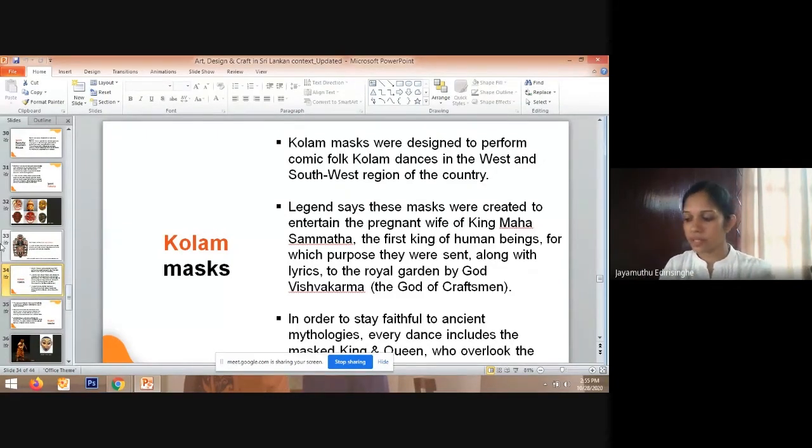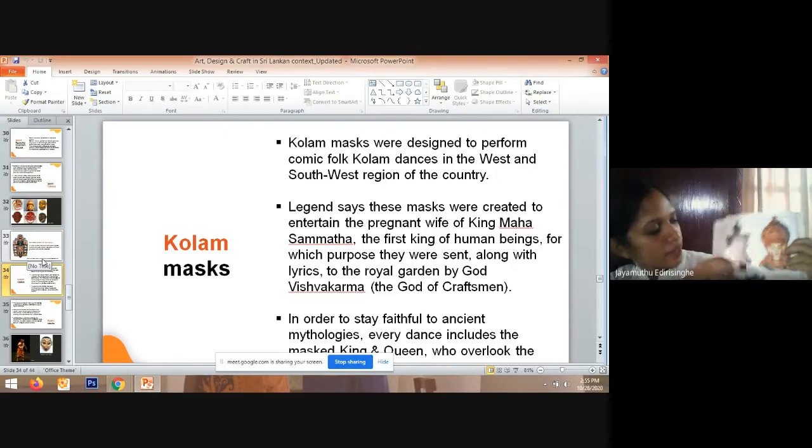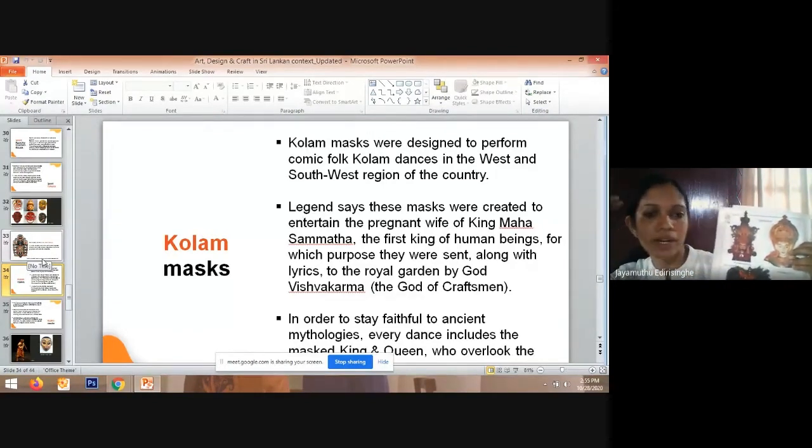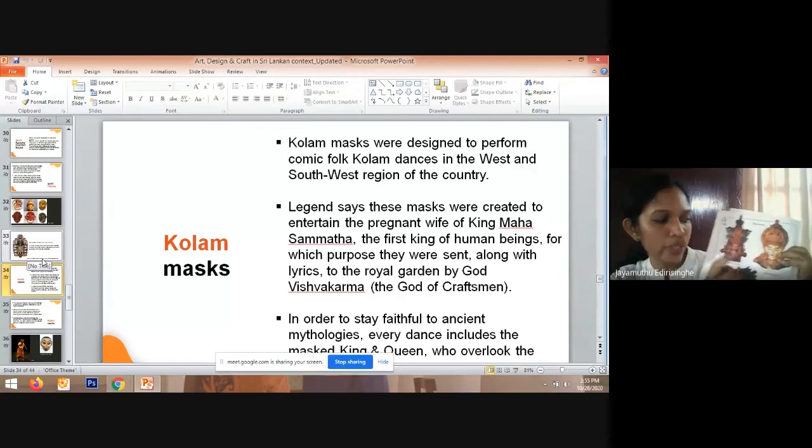Those are very huge masks, very big in size, because they wanted them to look powerful. Those are very heavy, and you can all see here King Mahasammata. These are very huge masks, and the queen's mask is also there.